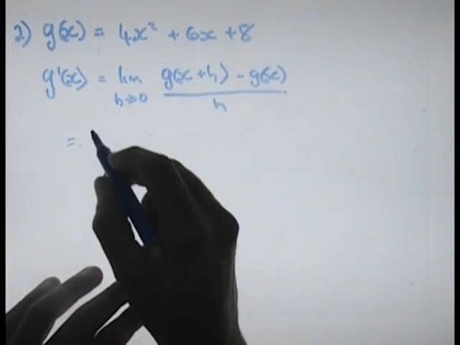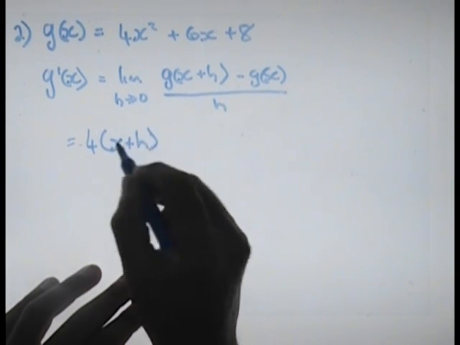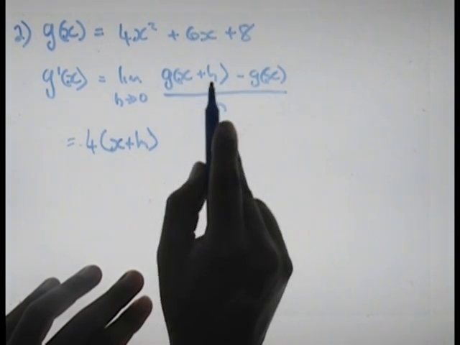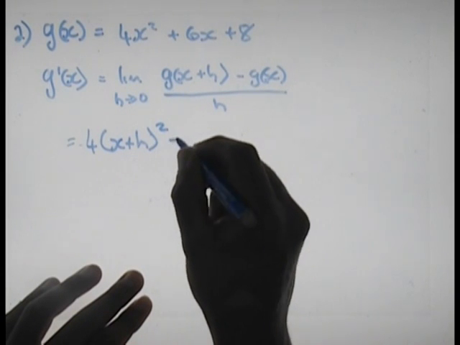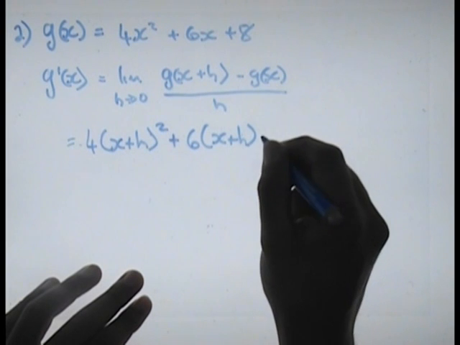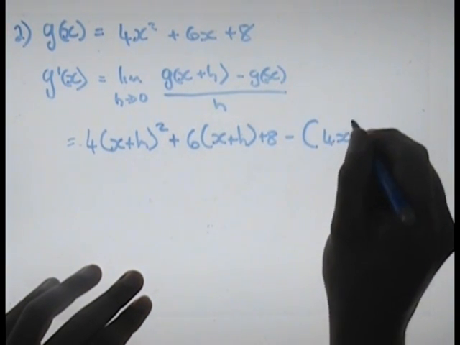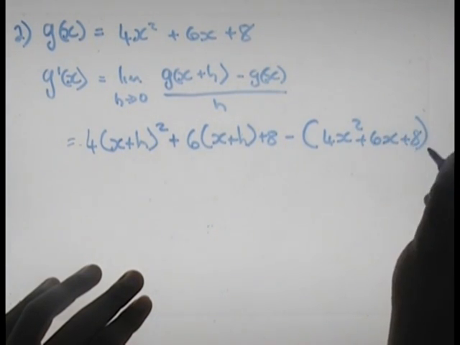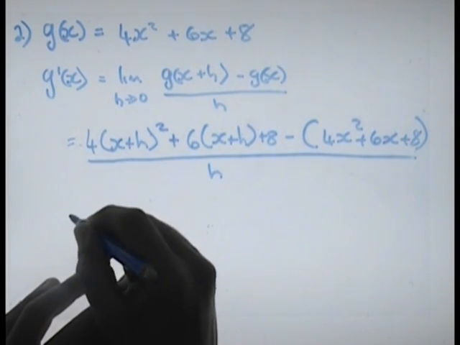That's going to equal 4 times x plus h, because it's g of x plus h, so it's plugging in an x plus h wherever there's an x. 4 times x plus h squared plus 6 times x plus h plus 8, minus 4x squared plus 6x plus 8. All of that divided by h.